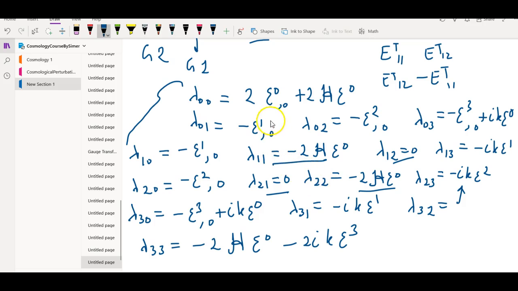In the 1 1 and 2 2 component, in the original metric in gauge 1, D is already present there. So we already have D, because in the 1 1 component we already have minus 2D delta ij plus 2e.